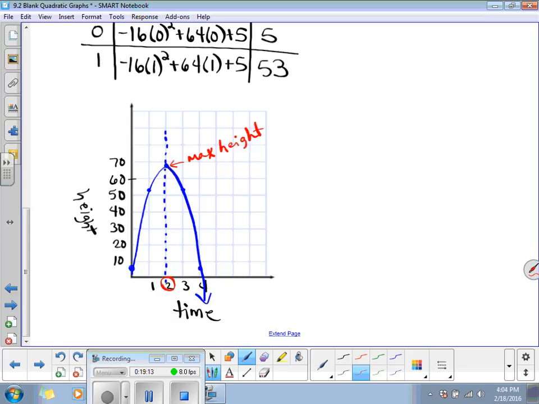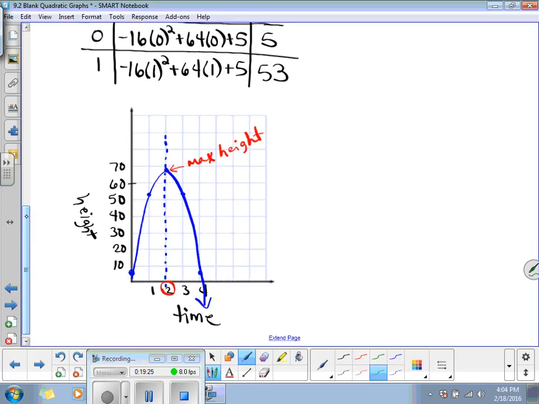The second question was, what is the maximum height? Well, the maximum height was 69 feet. And finally, what is the range of the function that models the height of the T-shirt over time?